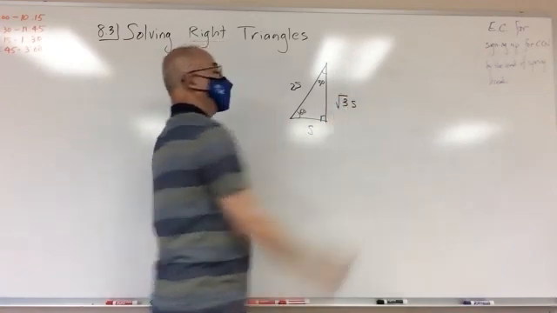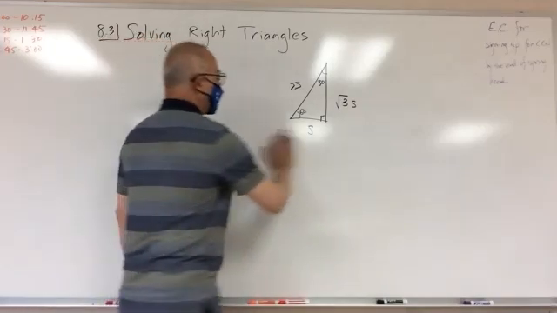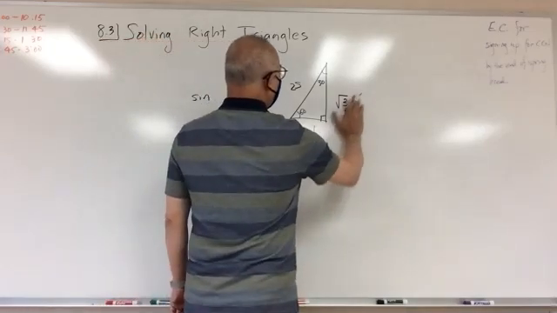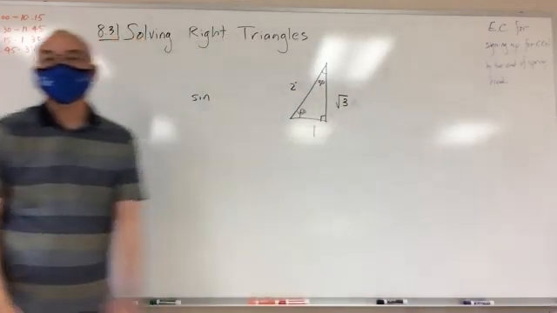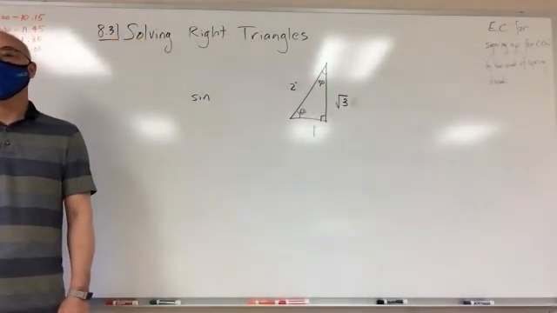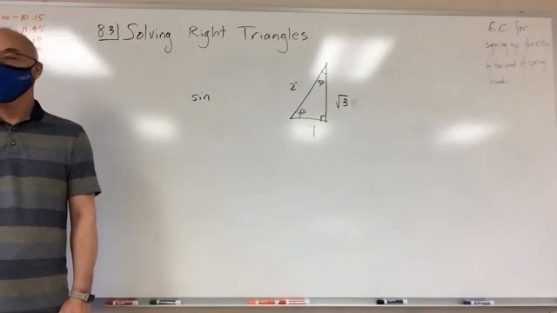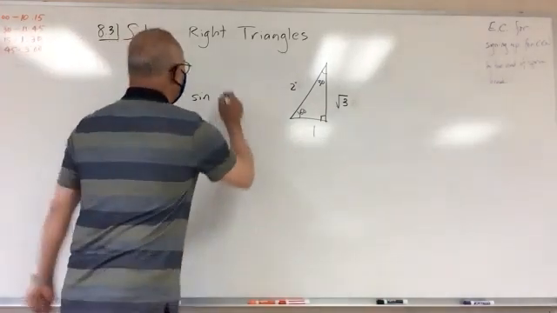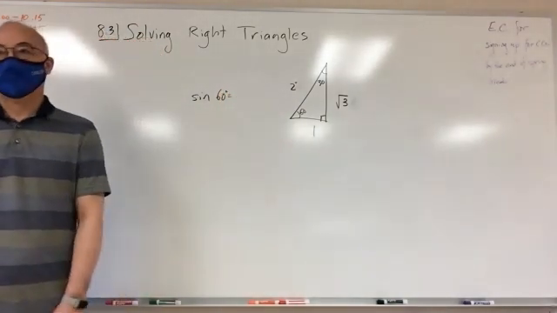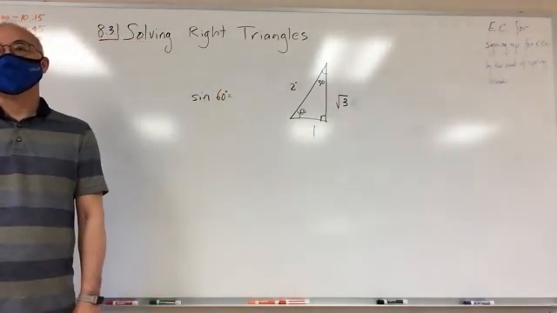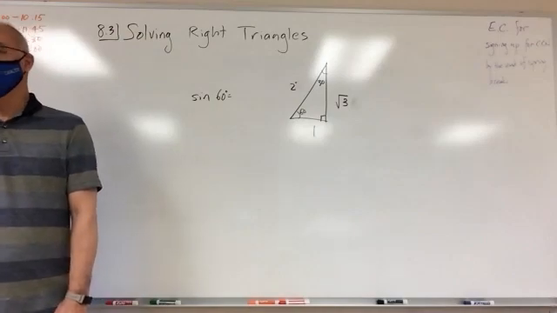Correct. So basically, really, it is 1 to 2. If I divide everything by S, this is the ratio, 1 to 2 to square root of 3. So sine of 60 degrees is going to be what? Sine is the opposite over the hypotenuse.